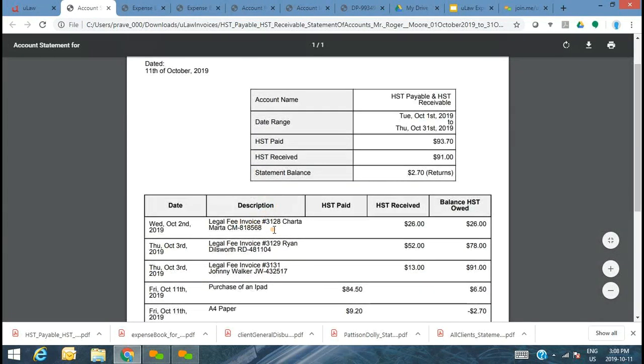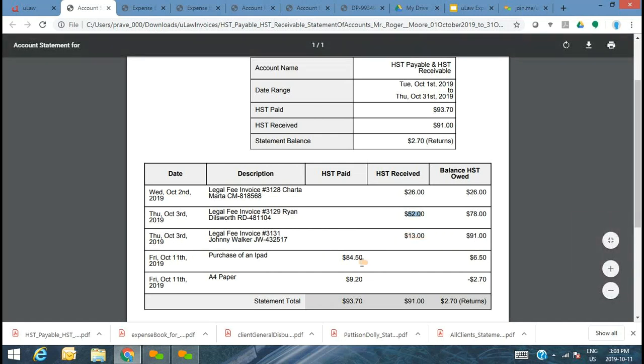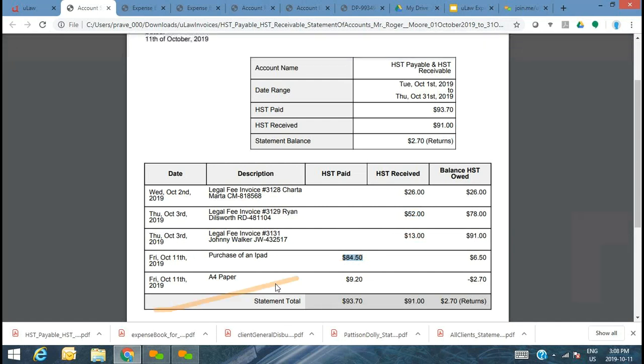So you can see for the legal fee office for this different client, Charta Marta, you received $26 of HST. For a legal fee invoice for Ryan, the legal firm had accepted or received $52 in HST. Likewise for Johnny Walker, it was $13. But if you look at the purchase of iPad, the firm had paid $84.50 and another $9.20 for A4 paper.